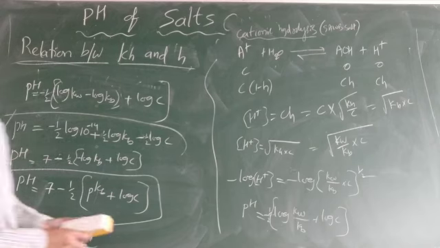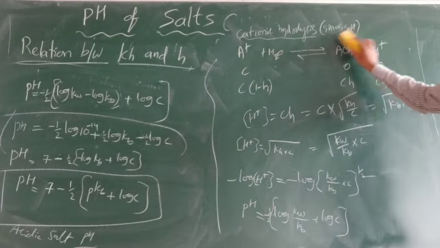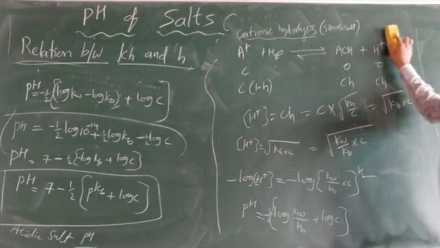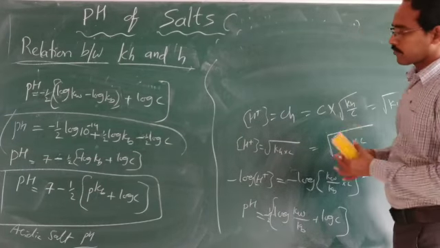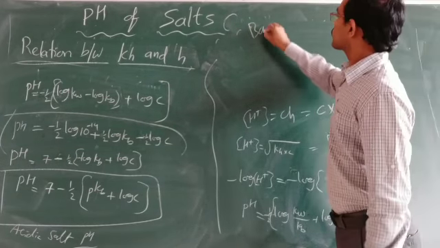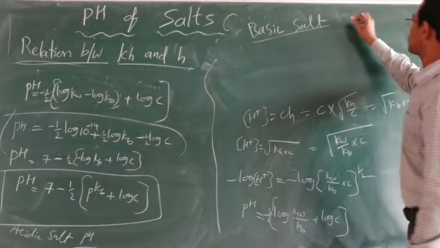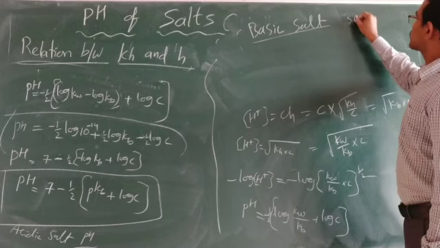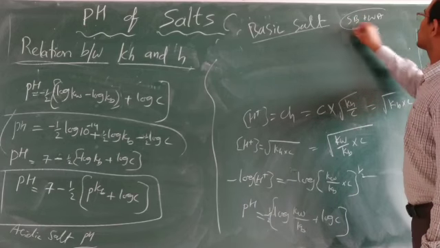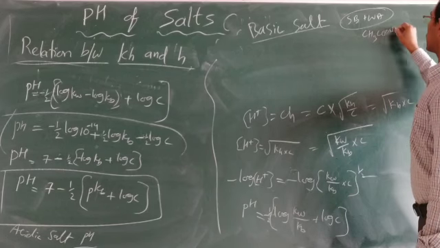Now I can write similarly basic salt. Have you written this? Started. Basic salt is the general strong base plus weak acid. That means CH3COONa.